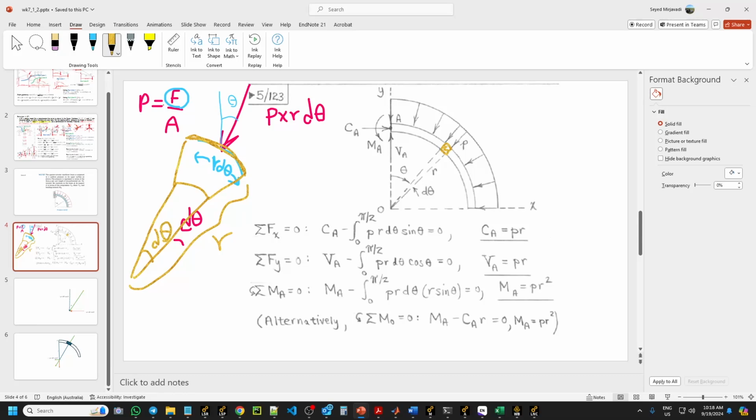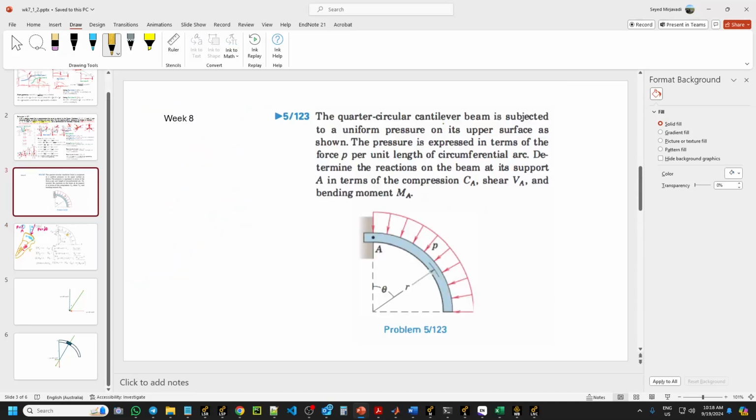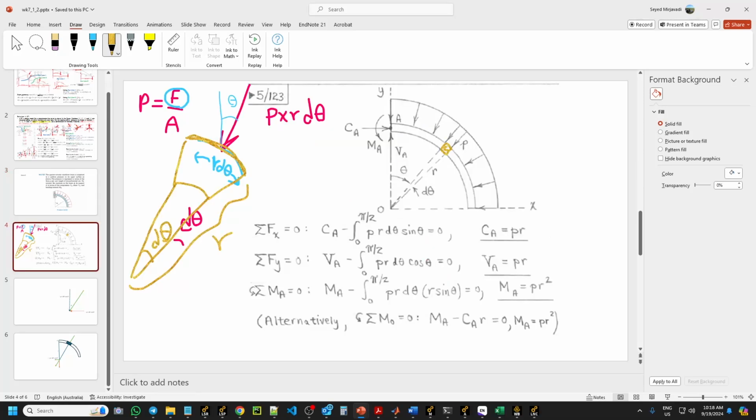And we know that the pressure is the force divided by area, but in the question it is said that the pressure is the force divided by length. So the force that is applied to this tiny segment is P times r d theta.